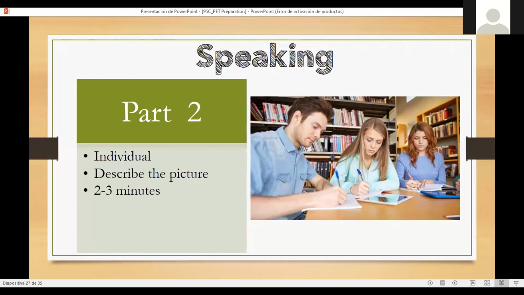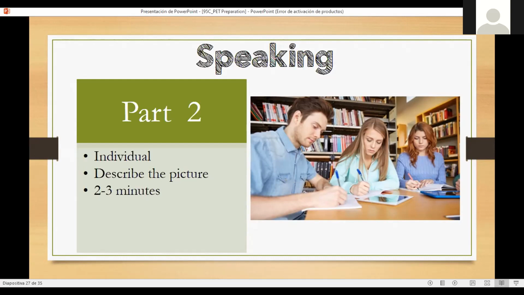The picture, obviously, is not going to be the same for both people in the test. Each participant, each student, is going to receive a different picture to describe. You're going to have just 2 to 3 minutes to describe the picture. And we have some tips to describe a picture in a good way.